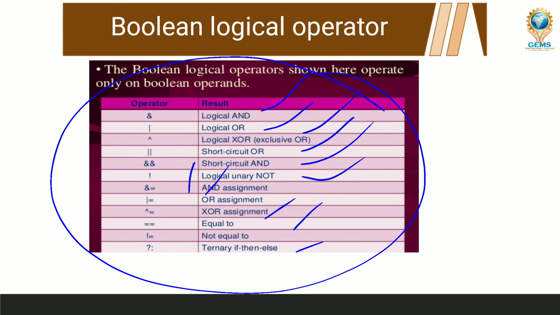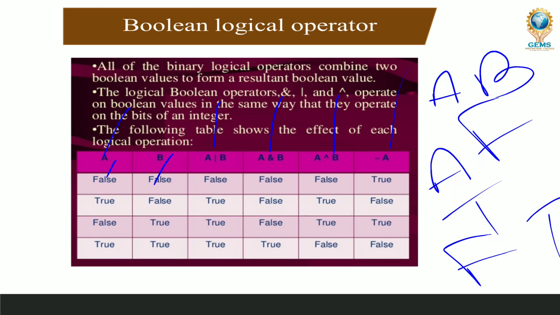And then, Boolean logical operators: AND, OR, XOR, short circuit OR, short circuit AND, and logical unary. We also saw the truth tables: what output we get with the OR operator, the AND operator, and the XOR operator. We have seen all these things.